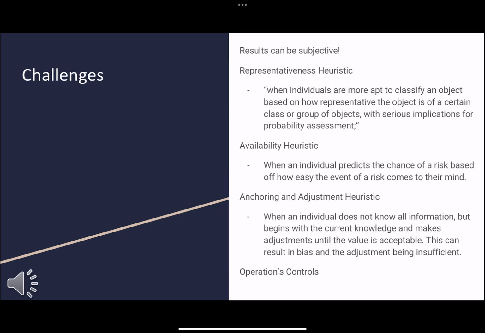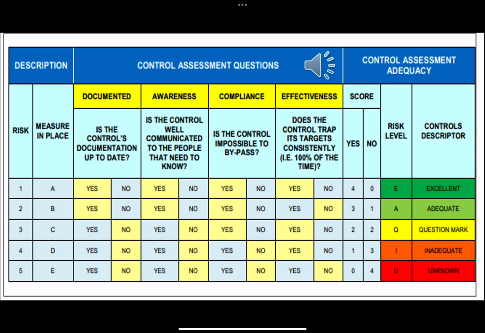An organization must also be aware of their controls and how this can increase challenges they may face. Some controls include policies, procedures and guidelines, staff training, required learning, audits, reviews, physical barriers, checklists, and so many more. A way an organization can overcome their challenges with controls is to develop a control assessment.